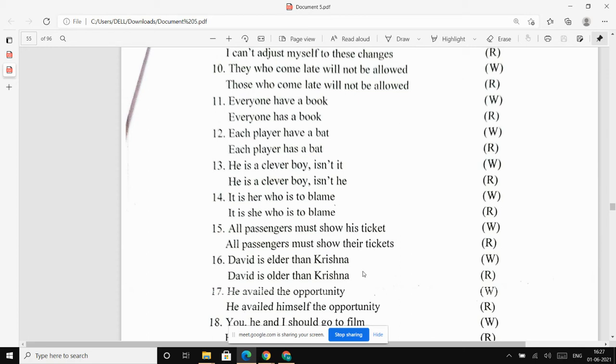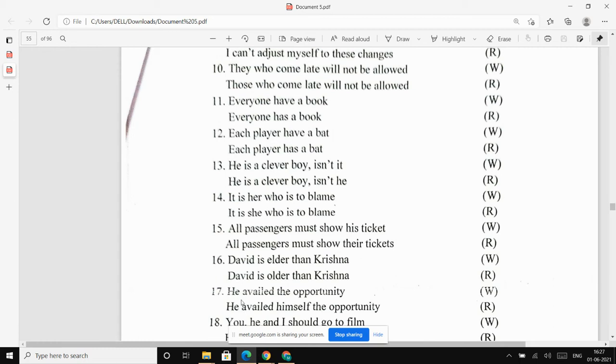Okay, so here David is older than Krishna. If you observe the difference between elder and older, we use the term elder for family members, from the same family, not from others.